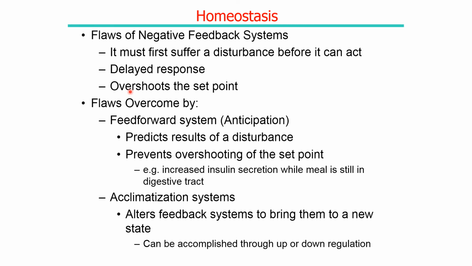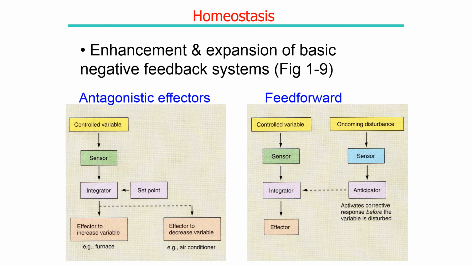For example, if the blood pressure was decreasing, the negative feedback mechanism will bring it back to the set point, and then it will not stop at the set point, it will take it toward the increased limit. So these flaws should be overcome. Here we have a simple antagonistic or negative feedback mechanism system.